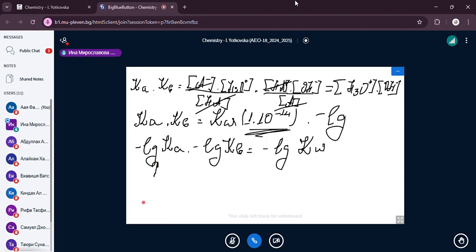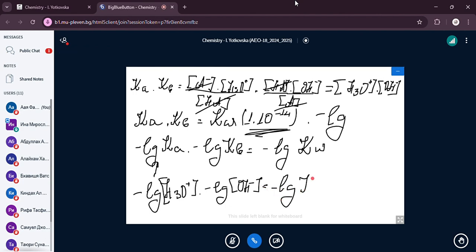And when we calculate this, we obtain that pKa plus pKb is equal to pKw.